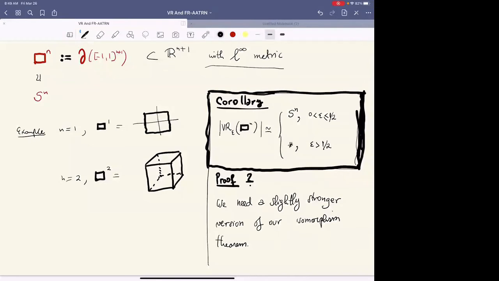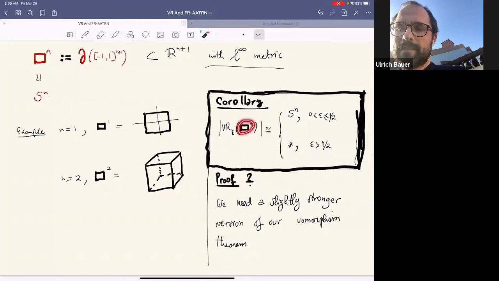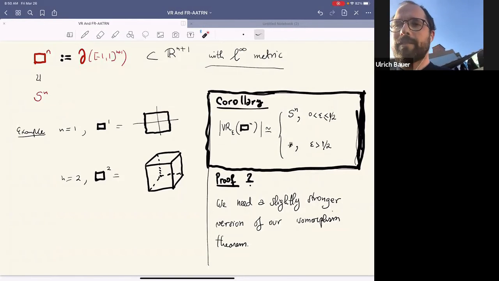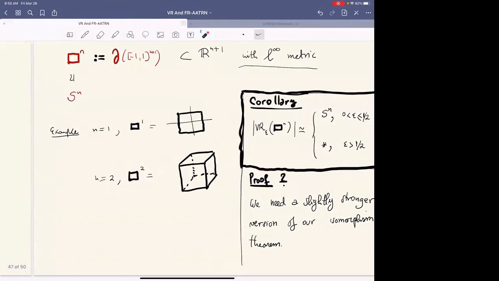Sorry, I didn't prepare for this slide, but I think the claim that we have in that case is that if you look at the nth L infinity sphere, then the homotopy types of Vietoris-Rips satisfy something very similar, but now the threshold doesn't depend on dimension anymore, which is something to be expected, right? Yeah, and also absolutely. Okay, cool.